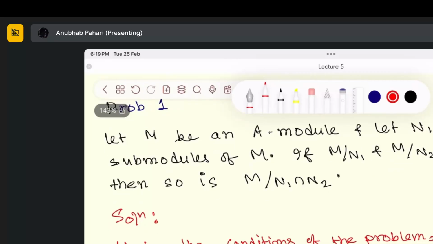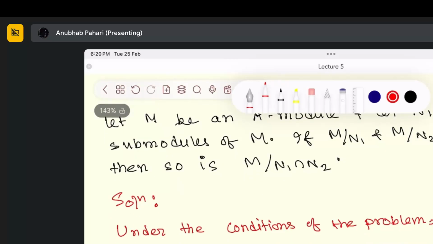So we know that in an exact sequence, if the first and last terms are Noetherian modules, respectively Artinian, then the middle term is also the same.